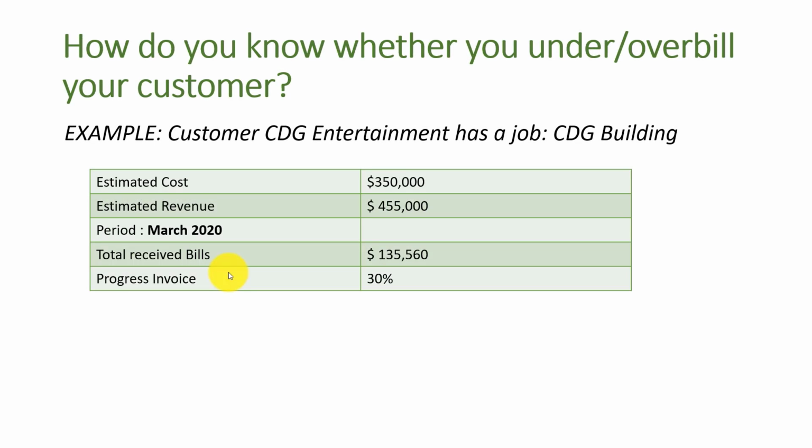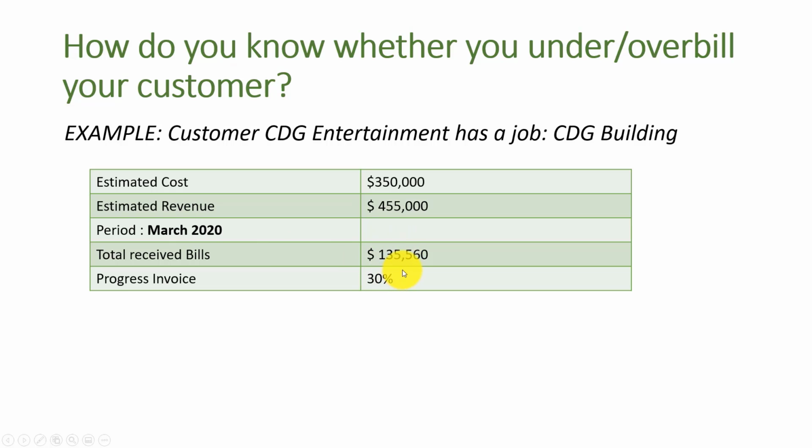So we have this customer called CDG Entertainment, and we're going to build this job. We estimated the cost to complete this job is $350K. We think we're going to have revenue of $455,000. And we're going to bill this for the period of March 2020.